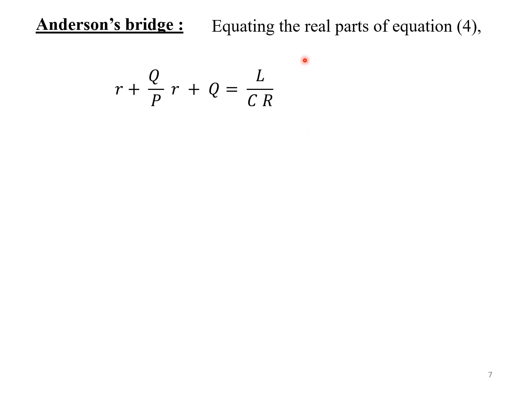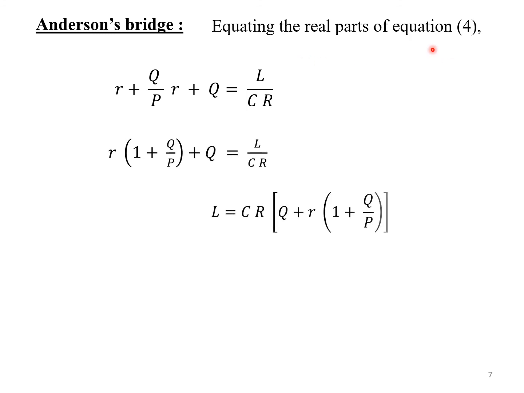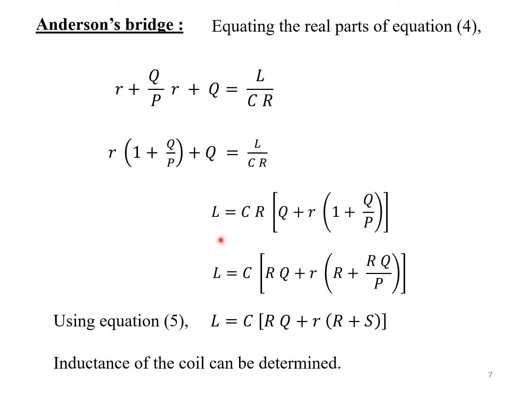Now let us consider the real parts of equation 4 from left and the right. So if you rearrange the terms, we get L is equal to C into capital R Q plus small r into capital R plus R Q by P. But we know P by Q is equivalent to R by S. So we can write this particular equation as L is equal to C into RQ plus small r into R plus L. And therefore the inductance of the coil can be determined.